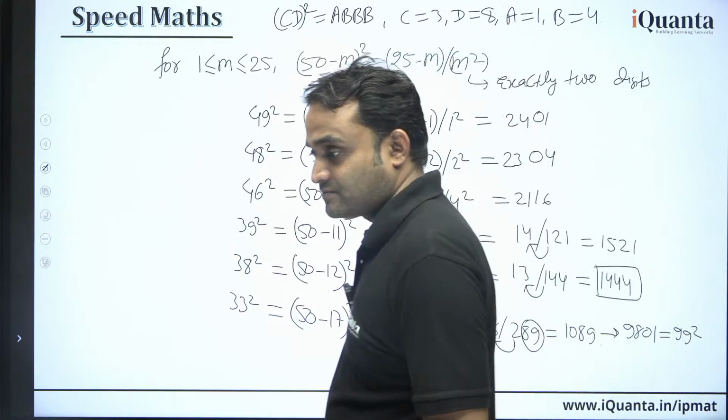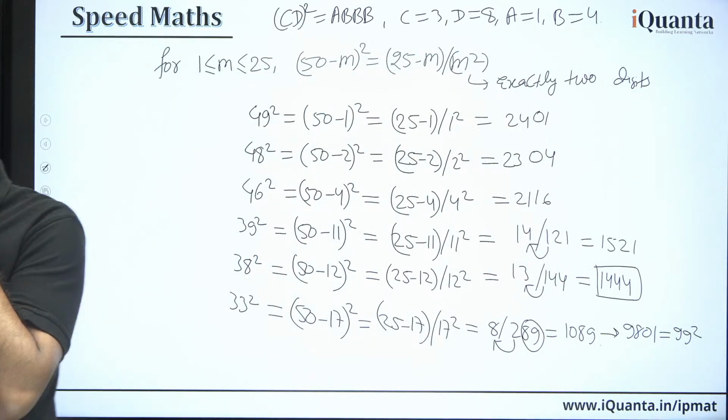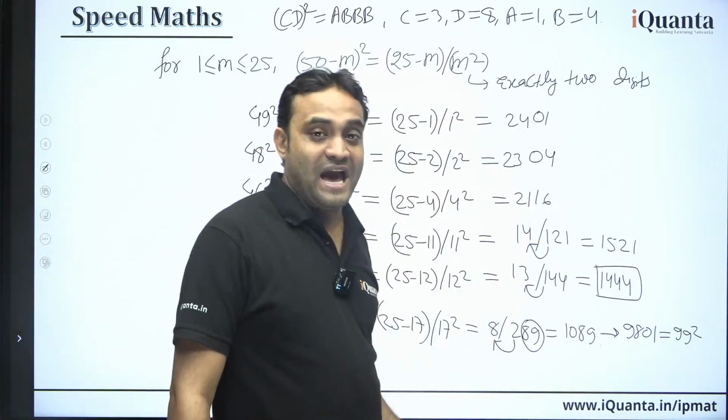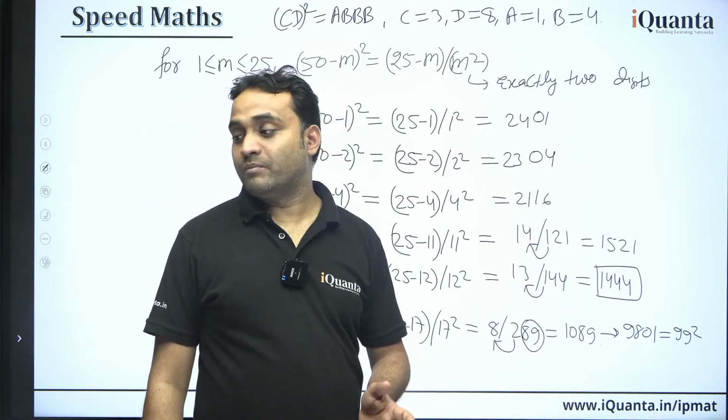Okay? Now do you understand what to do? That oblique is a barrier before we write the whole number.